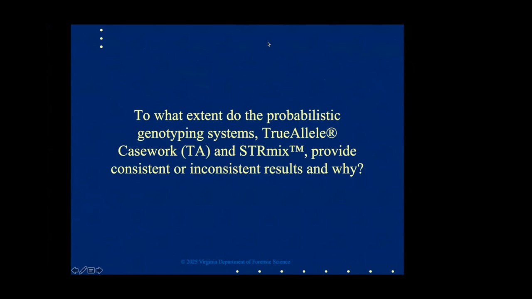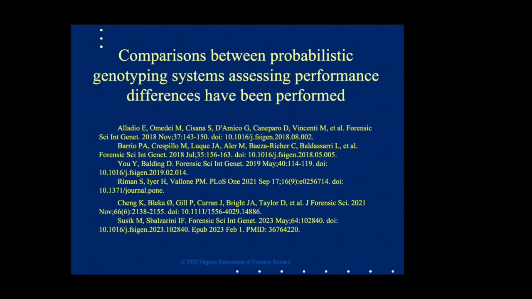So the question I wanted to ask is, to what extent do the probabilistic genotyping systems, TrueAllele casework and STRmix, provide consistent or inconsistent results, and why? Next slide. Comparisons between probabilistic genotyping systems assessing performance differences have been performed.